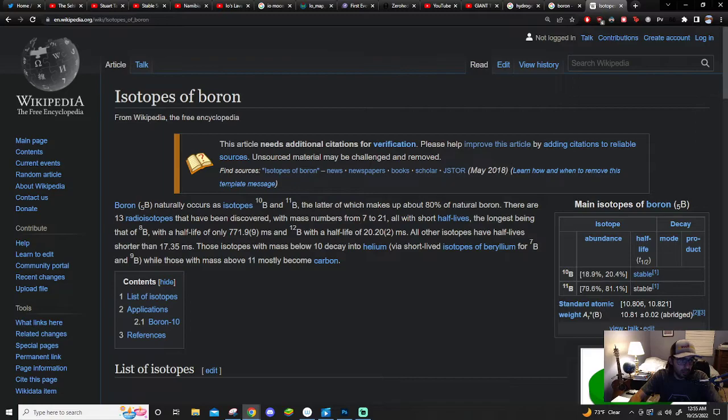Okay. Mostly 11, some 10. Always short half-lives. Longest living is 8. Okay, so that's the thing, at that point these are really just not stable.